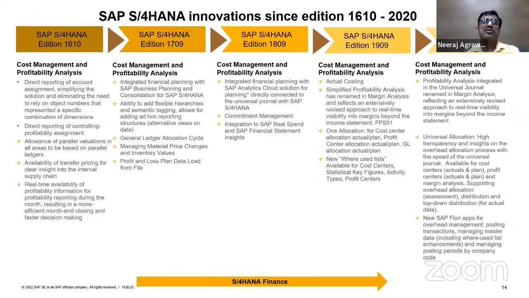Then we have cost management and profitability analysis. Now, you would have used the account-based profitability and the cost-based profitability, which would make things much more simplified.